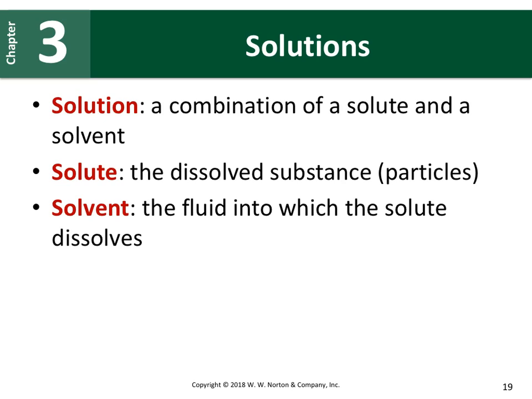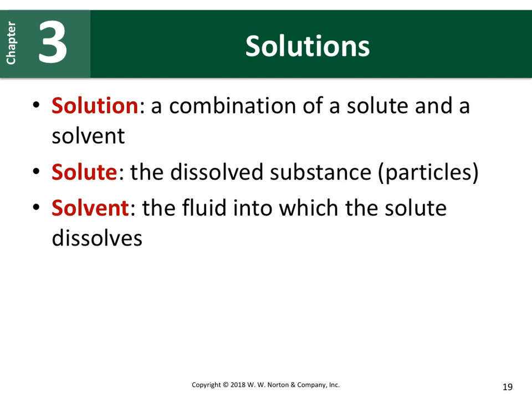So, water is obviously important for life. It appears that we need it no matter what. We're mostly made up of water. And when different elements dissolve into water, you get a solution.